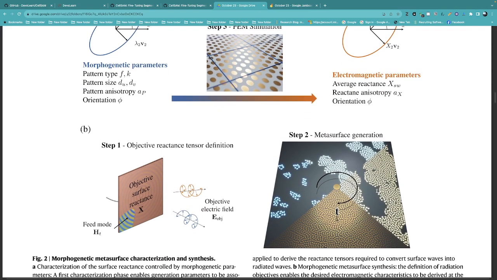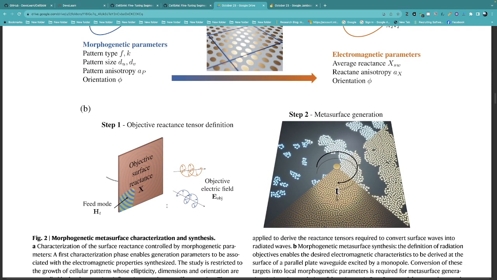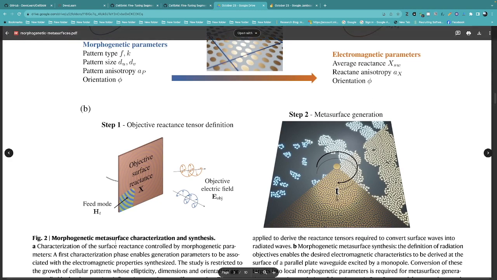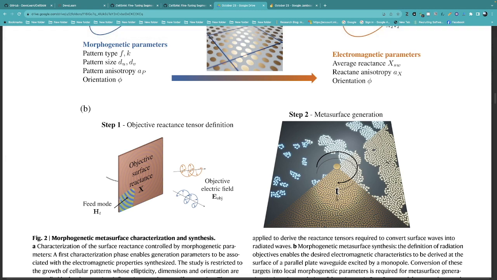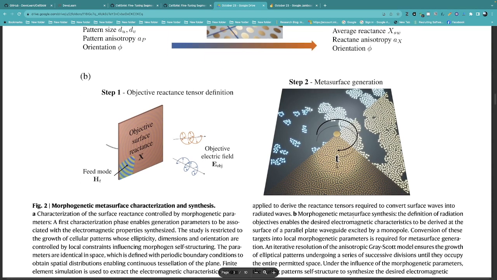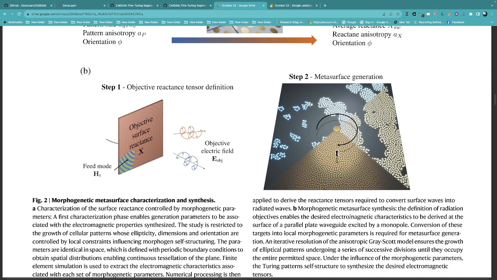And then in this part here, B, is where we take this objective surface reactance, which is this average reactance. We have this feed mode, and then we have this objective electric field, so we test out our different designs. And then we have this metasurface generation, where there's a deposition on the surface of these different patterns.